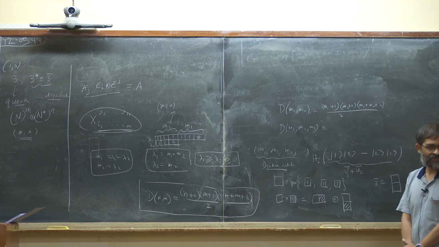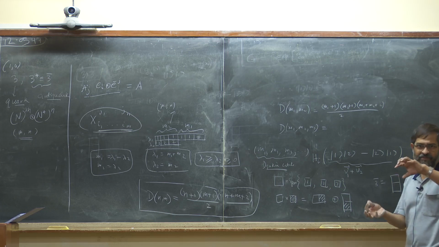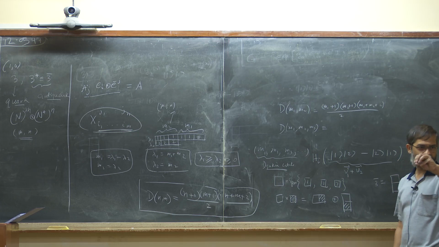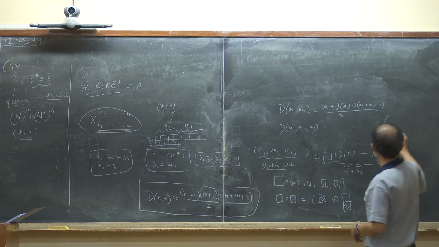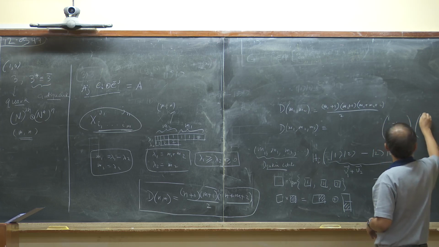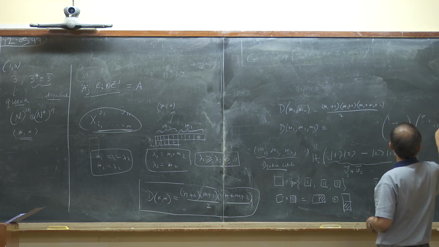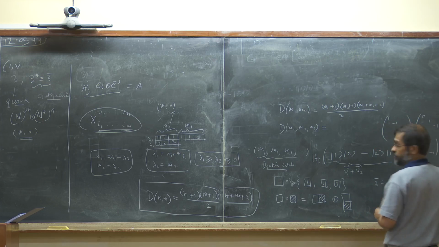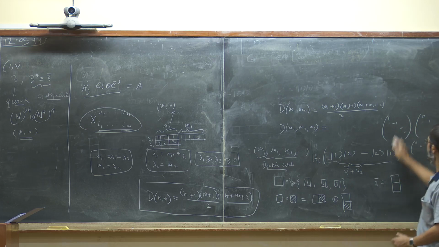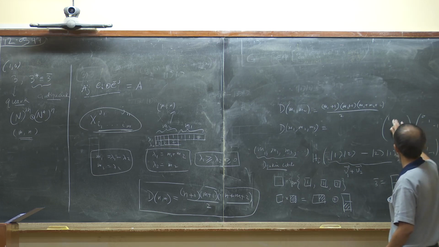I think I have mentioned this. The tracelessness, so the diagonal. So for SU4 you can take 1 minus 1 0 0, 1 0 1 minus 1 0, and 0 0 1 minus 1. You can take that. What actually Gell-Mann would take is this, minus 1 0, etc.